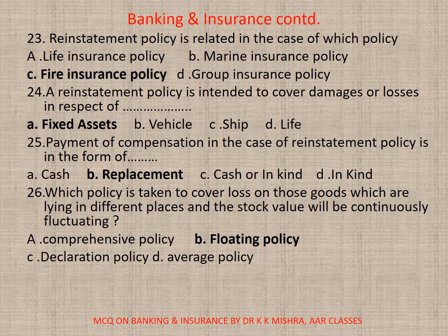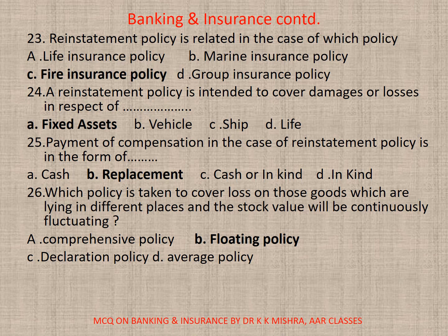A reinstatement policy is intended to cover damages or losses in respect of dash. A. Fixed assets, B. Vehicle, C. Ship, D. Life. Correct option is A. Fixed assets. 25. Payment of compensation in the case of reinstatement policy is in the form of A. Cash, B. Replacement, C. Cash or in kind, D. In kind. Correct option is B. Replacement.